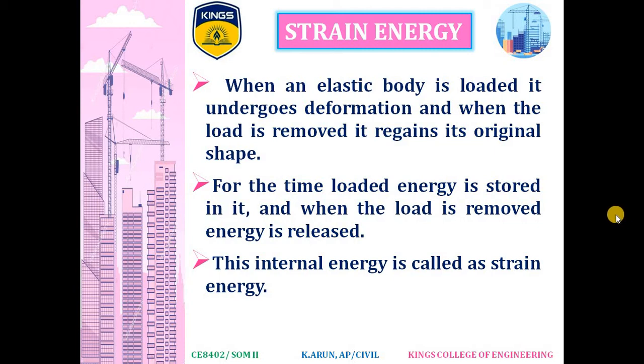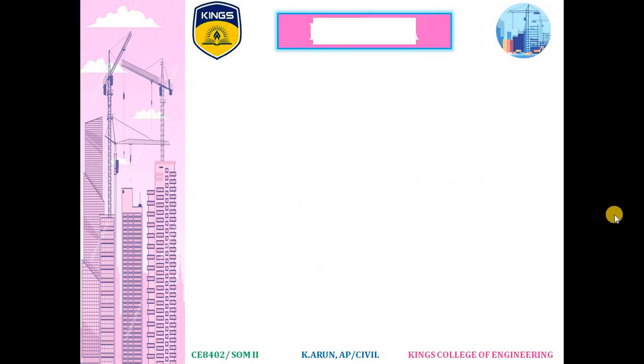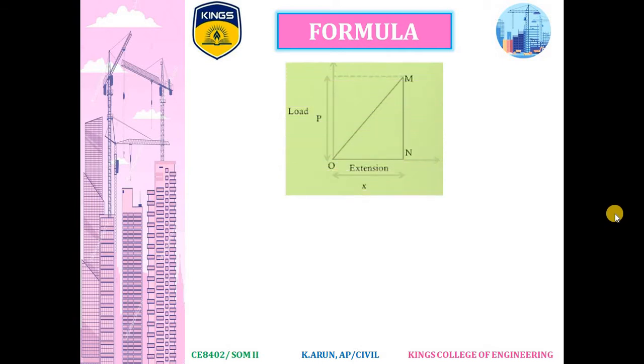Based upon the loading conditions, strain energy varies accordingly. Here we are going to see how we can calculate strain energy for axial loading. In this diagram we can see P is the load applied and X is the deformation, and we can see the energy stored here.